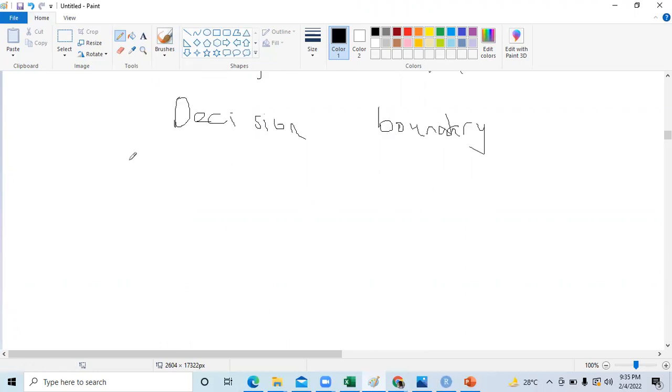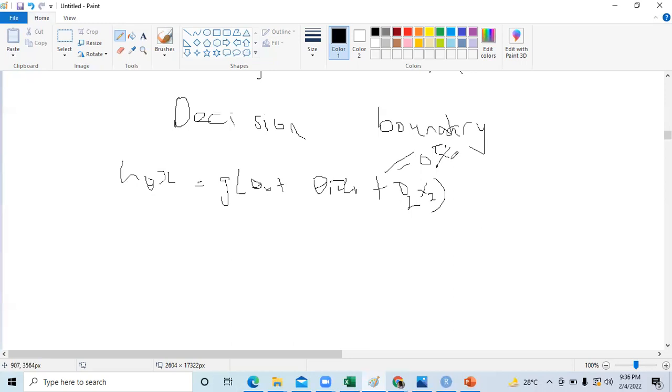So let's say we have h of x equals g of theta transpose x, but theta transpose x will be something like this: theta 0 plus theta 1 x1 plus theta 2 x2. Don't forget, this is not a direct multiplication. This is basically what we know as theta transpose x. It's a transpose, not a direct multiplication. I think I've shown you that.